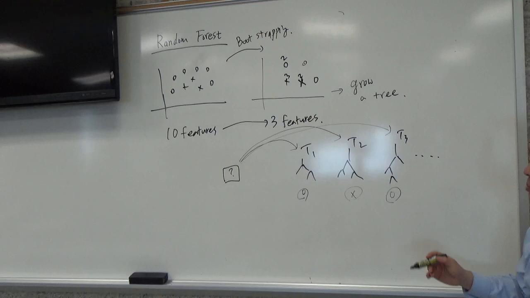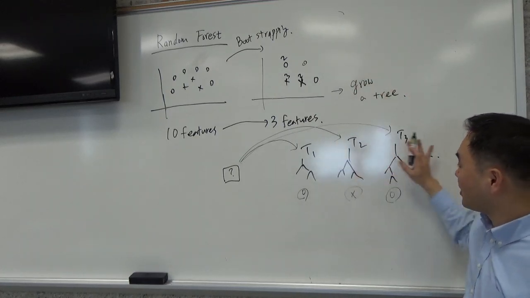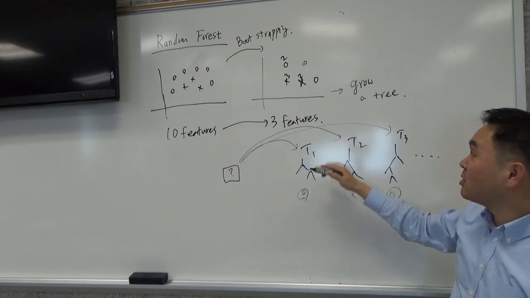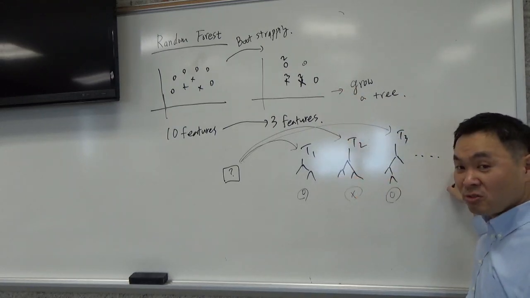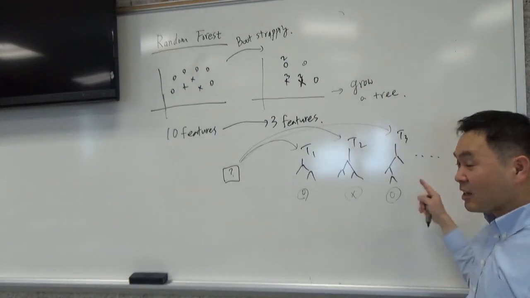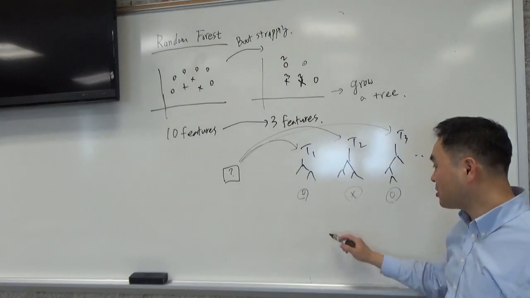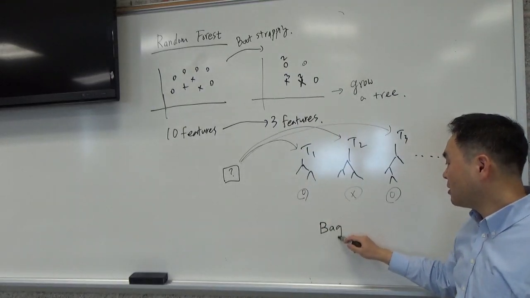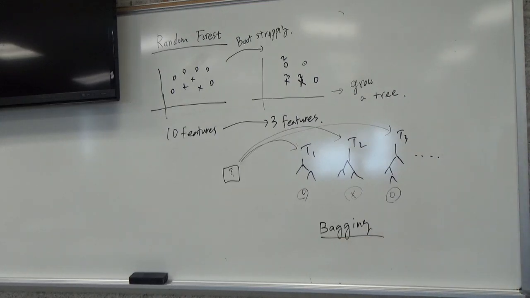And that process is called bagging. Right? So bootstrapping the data and making up different conclusions, and then taking their aggregated conclusion as your final conclusion, that process is called bagging. Okay.